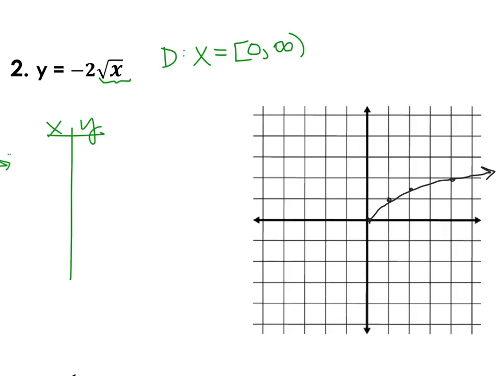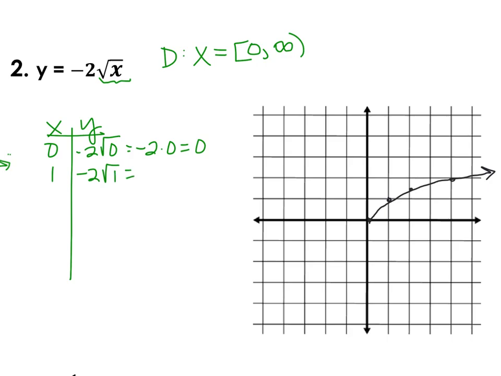I'm going to plug in 0, and then I have to do -2 times the square root of 0. Well, the square root of 0 is just 0, and -2 times 0 is still 0. So we're going to have a matching point on the right. But watch what happens when I plug in 1. Things are going to change pretty quickly for us. -2 times the square root of 1.